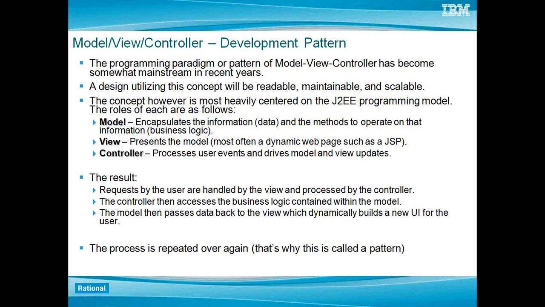The model represents the part that deals with the data and the business logic, and the view represents the part that is only showing the visual interface on the page. The controller is responsible for processing events and for passing control from one view to another, and from model to view and view to model.